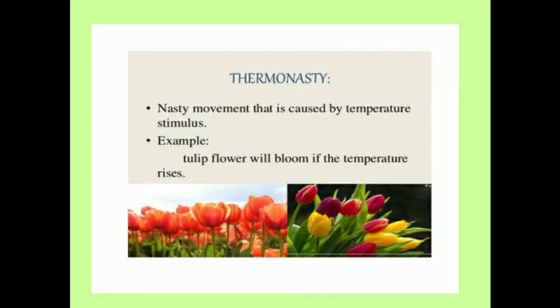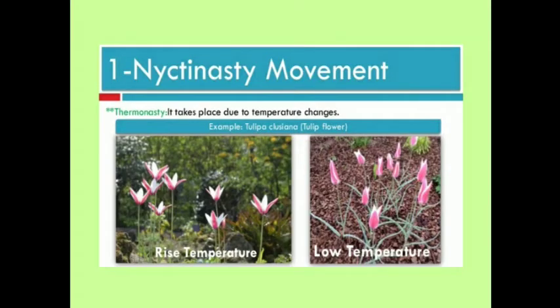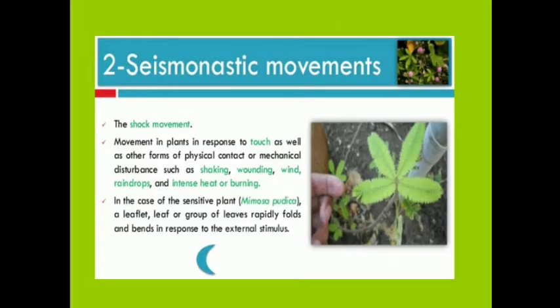If there is a rise in temperature, automatically the tulip flower gets open, okay? And if it is in a lower temperature condition, it will always be closed. So here it refers to the temperature or heat, okay? Thermonastic means it refers to the temperature or heat, okay? Now the next thing we are going to see is seismonastic movement.